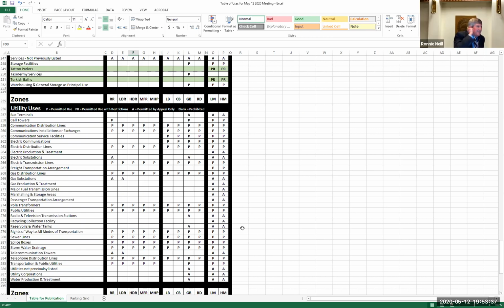Yeah, I could see where you might have substations, like you say, but gas distribution lines, they're under the ground. And sewer lines are in the ground. Some electrical lines are underground. A pole transformer: if you're going to allow the pole, you're obviously going to allow the transformer. The splice box, to me, just clutters things up.